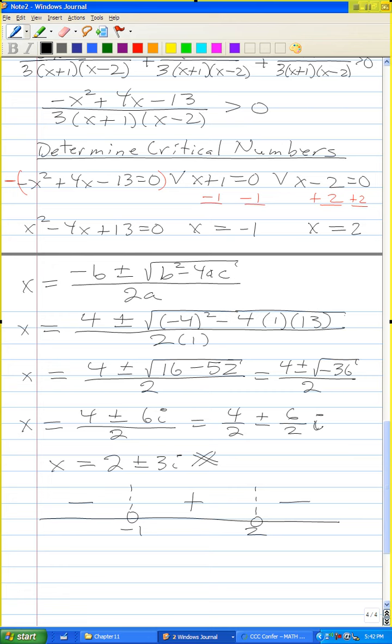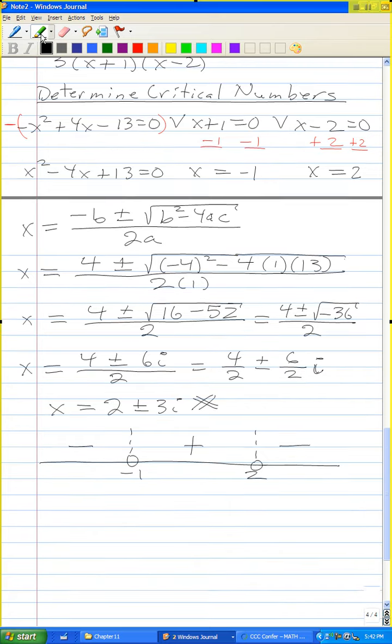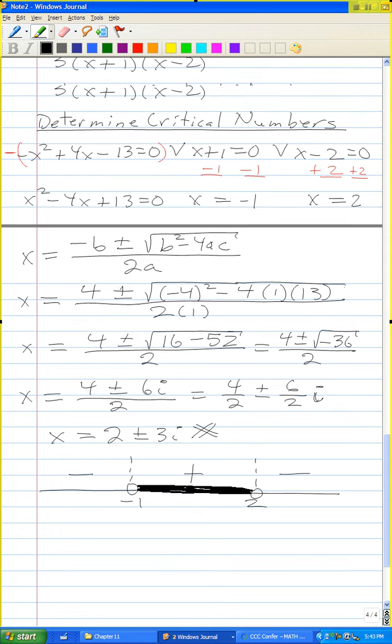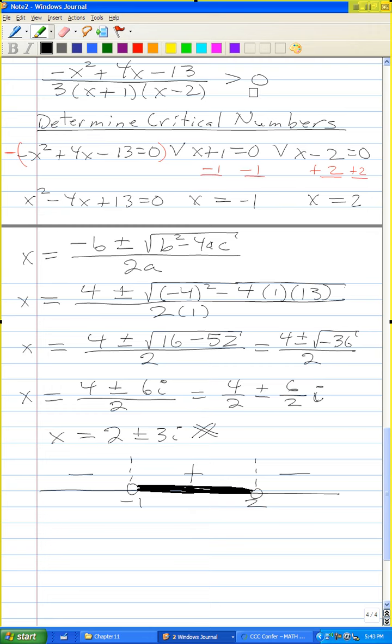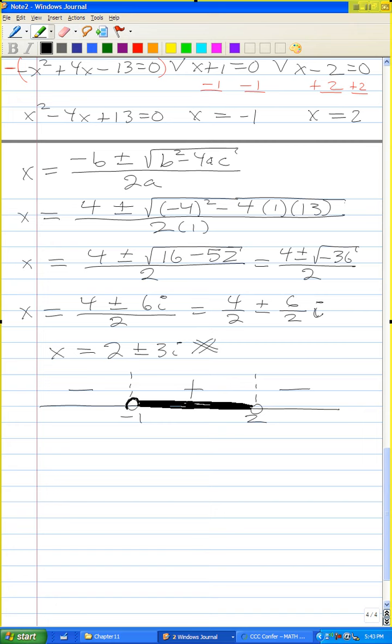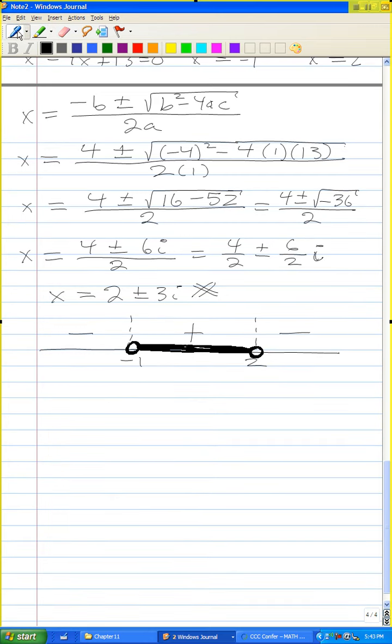I want this to be greater than 0, and so I will fill in the plus. Since this is a strict inequality, I will not fill in either of the critical numbers. And so your answer is the open interval -1 to 2.